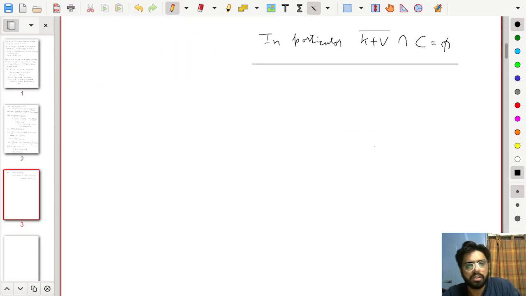So moving on, we have two corollaries of the previous theorem. Corollary: let X be a TVS.